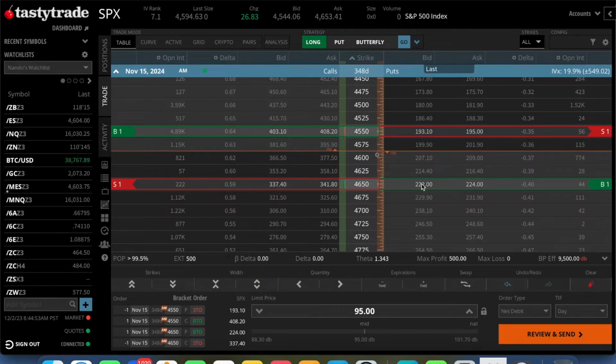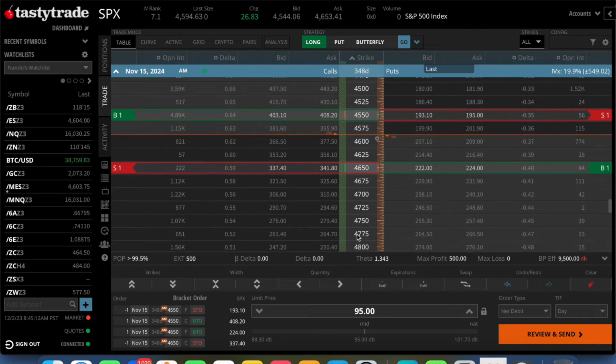And the put vertical will have intrinsic value of $7,500, which is 46.50 minus the 45.75. That's 7,500. 7,500 plus the 2,500 from this side will give you 10,000 minus your cost of 95 is 500. So what we're basically getting here, 348 days from today, a year from now, is a $500 profit, which is using $9,500 in buying power.